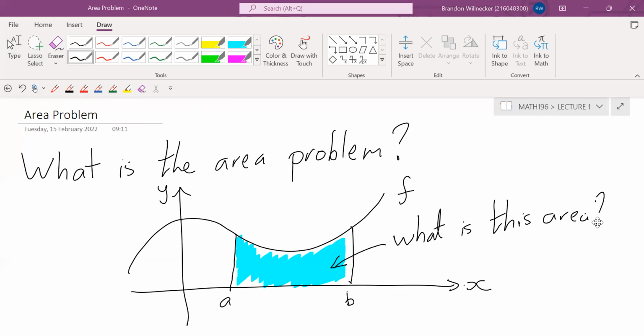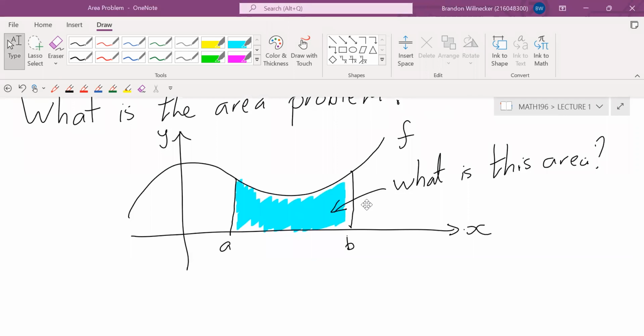Well, just by looking at this, there's no formula for finding it. We know how to find the area of rectangles, circles, triangles, and so on. But this curve, this f function curve, makes it very difficult to find the area. So firstly, we're going to approximate the area. In this case, we're going to be using rectangles because we know the area of a rectangle.